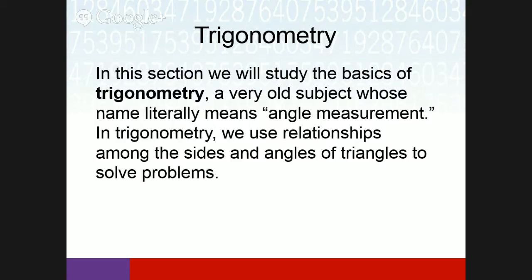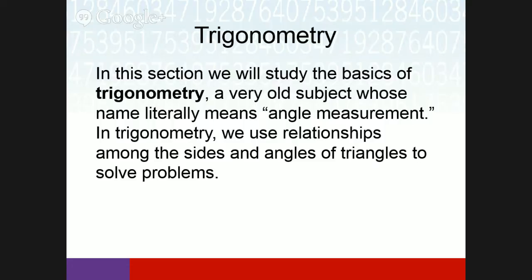These ratios are the basis of trigonometry. We won't go into what it means to be sine, cosine, and tangent, but they're functions. We won't go into the definition of the function, but a lot of times students have a hard time connecting to what sine is. Well, sine is an operation on a number.